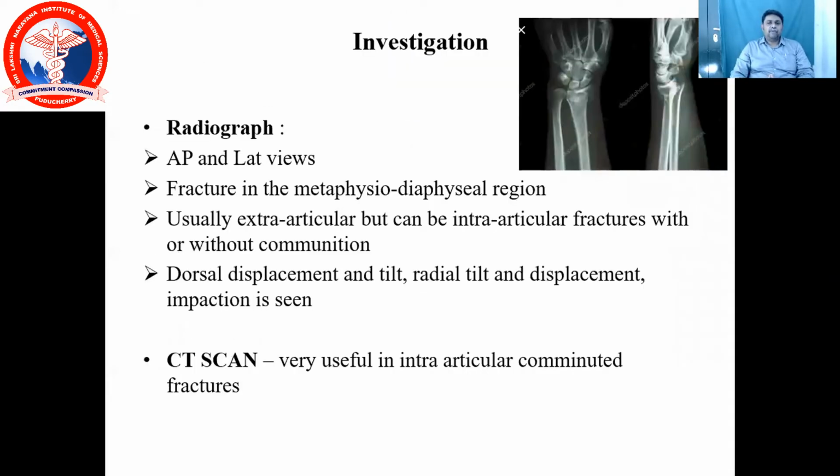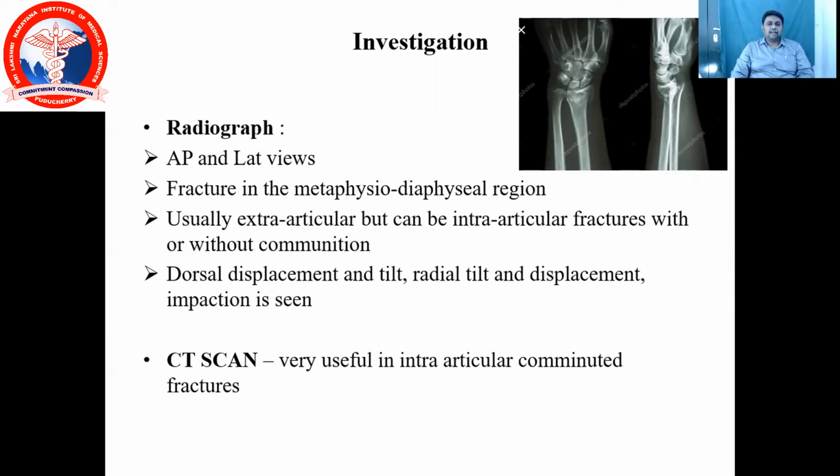Investigations: how are you going to investigate radiologically? The basic one is the radiograph. You take a plain X-ray of the wrist, anteroposterior and lateral views. In that, you can see a fracture line in the metaphyseal-diaphyseal region.